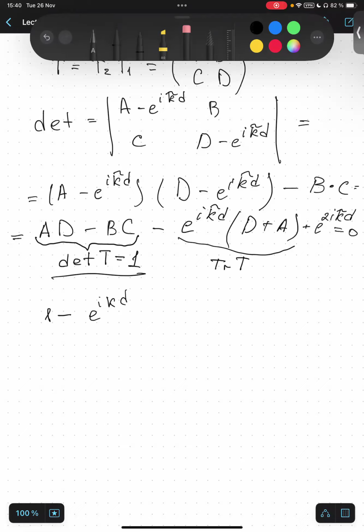Let's just rewrite it. Sorry, I did it wrong. It's like this: 1 minus e to the i k d times the trace of T plus e to the 2 i k d equal to 0.